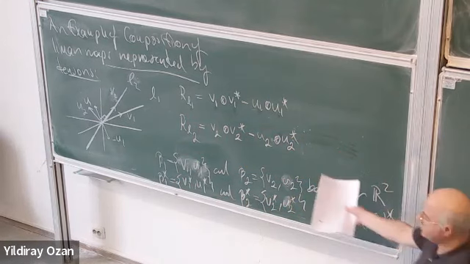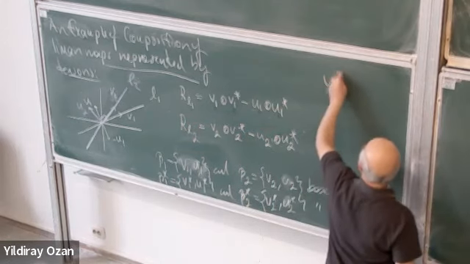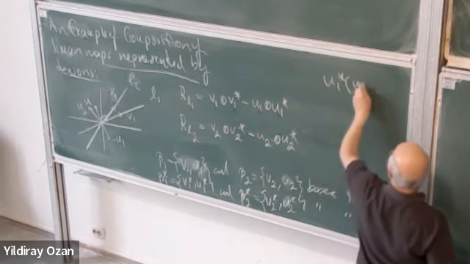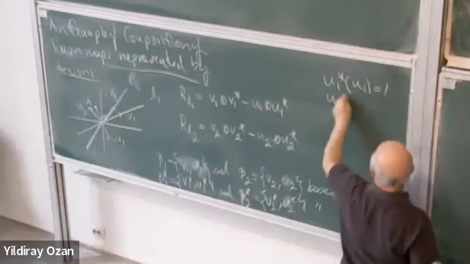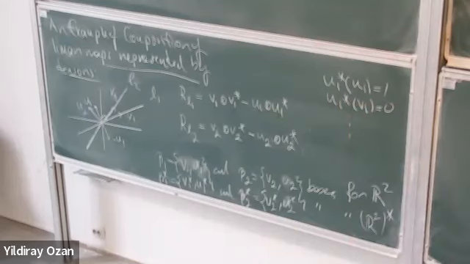So this notation suggests this, and we know that, for example, U1 star at U1 is 1, but U1 star at V1 is 0, and so on, since they are dual elements.